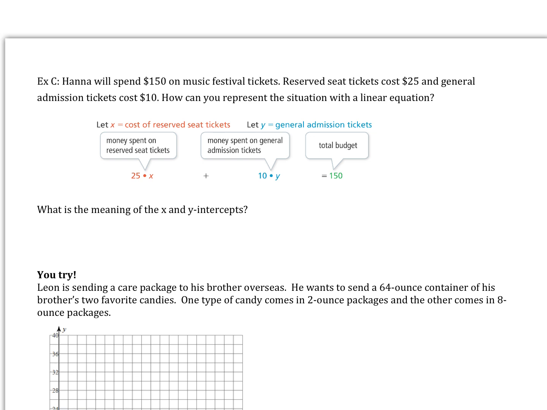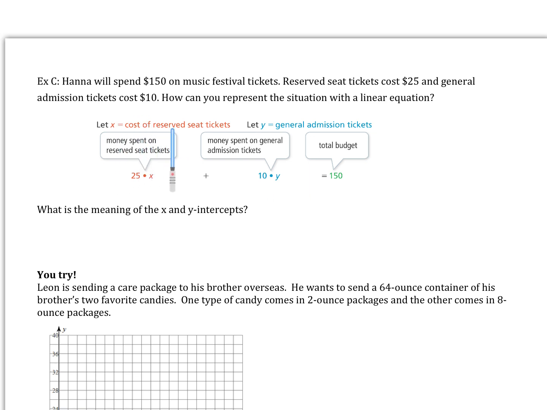So this one is a little bit different because, I want to go back to my lightsaber here. So we have a total. She will spend $150. And then we have reserved tickets versus general admission. So we basically have two variables this time going on. I've kind of laid it out for you guys. Well, the textbook did.